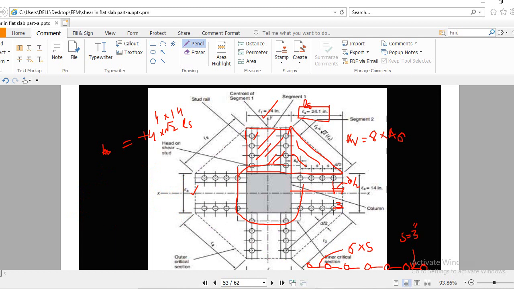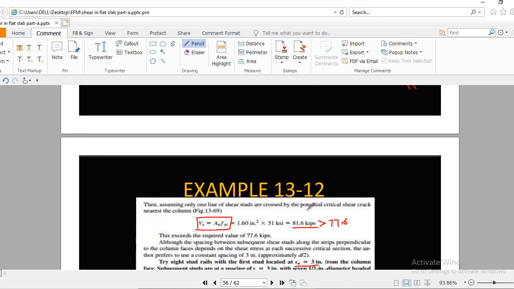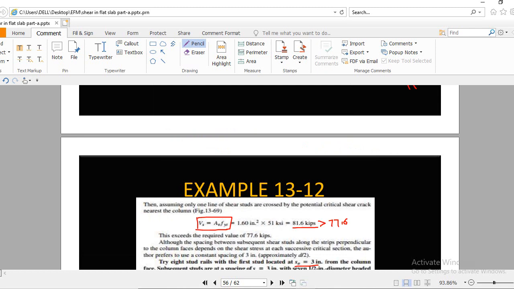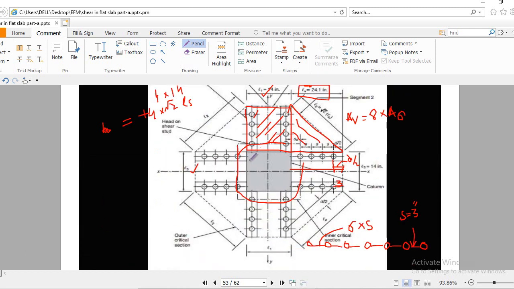Okay, so here we have 2710. This is the triangle area, and this one is the rectangle area, and this is basically the area of the column, because we have a column, so we have to count this column area as well. So it will give you the total area under this outer critical section.